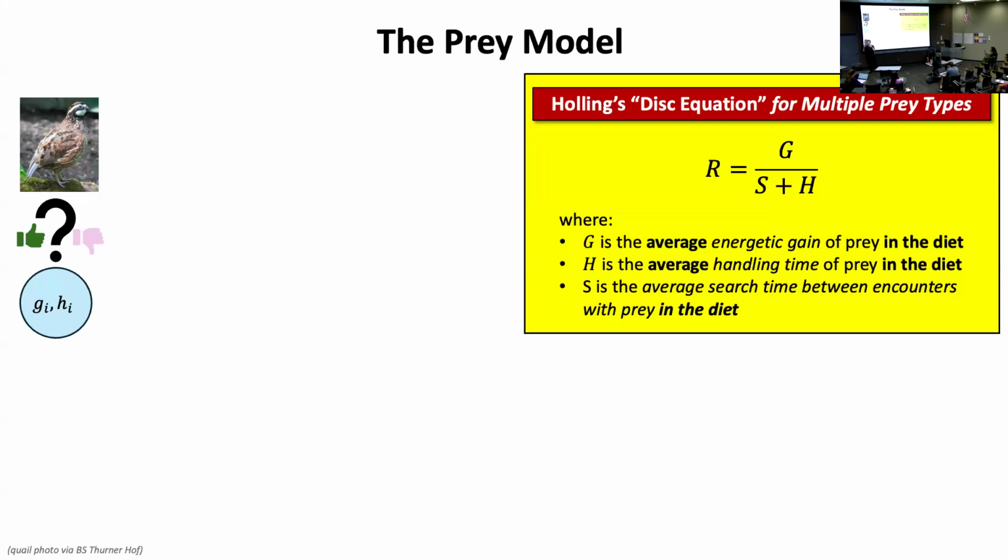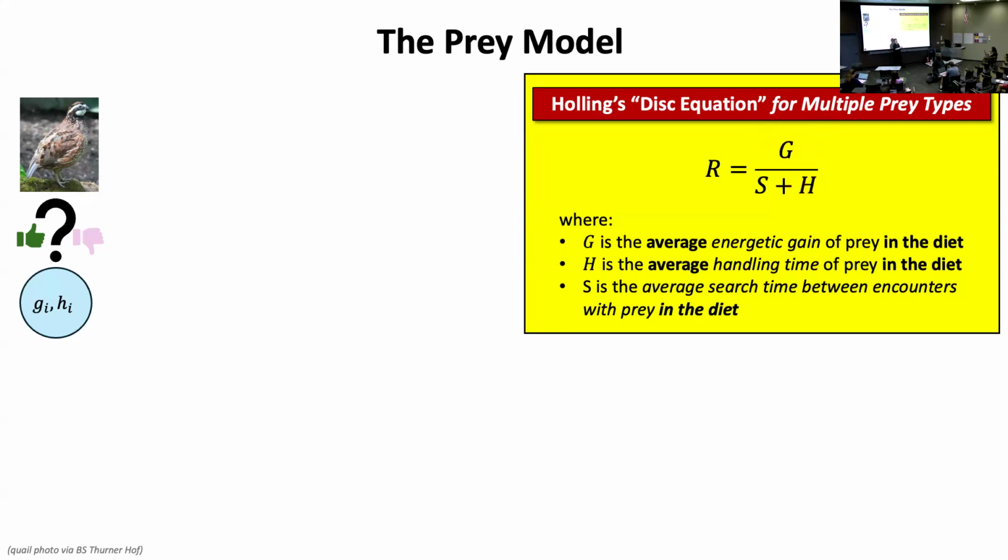If I eat an equal amount of type 1 and type 2, then this average gain will be the average of whatever type 1's gain is and type 2's gain. So if you were to add up everything the animal eats and take the average of all the calories it got across all of those, that's the numerator here. Likewise, in the denominator, capital H is the average handling time.